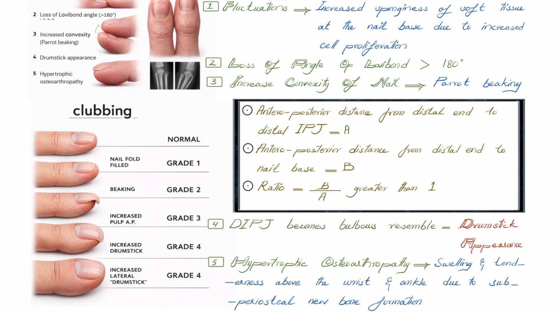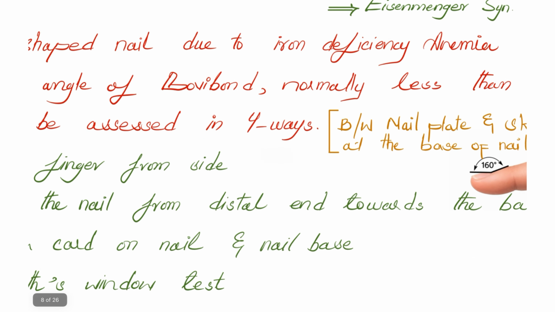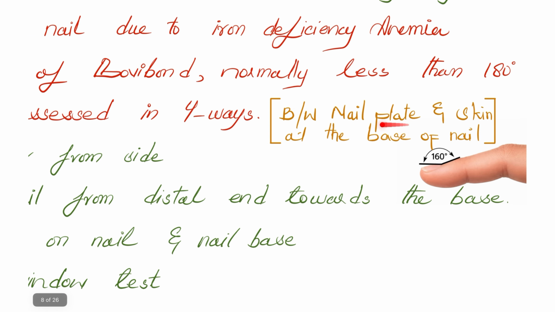And then you can do grading of clubbing. Number one is fluctuation: increased sponginess of soft tissue at the nail base due to increased cell proliferation. Second is loss of the angle of Lovibond, which is greater than 180 degrees. And I already told you that the Lovibond angle is between the nail plate and skin at the base of the nail.